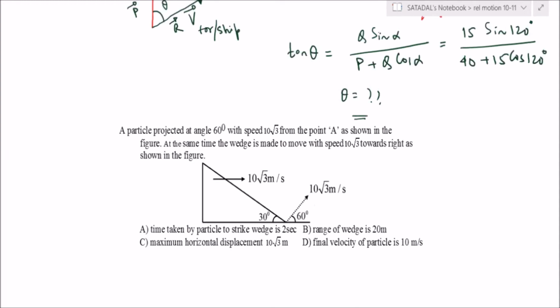Yes, Vignesh, tell me. Sir, time is 2 seconds and maximum horizontal distance is 10 root 3 meters. Yeah, correct.